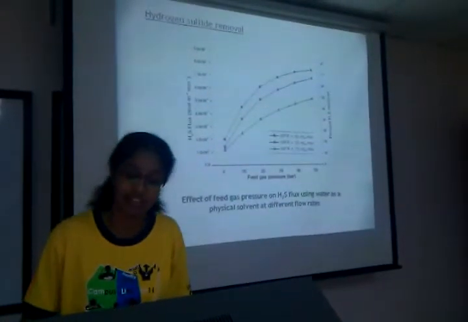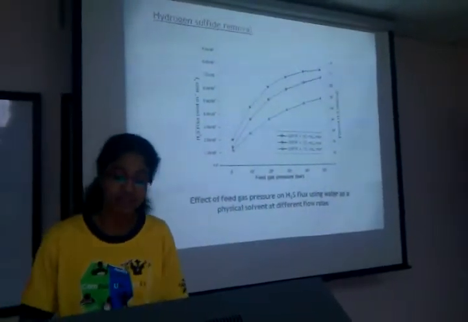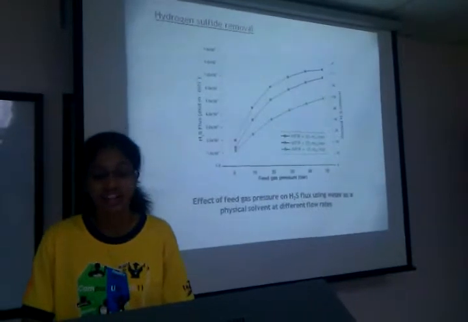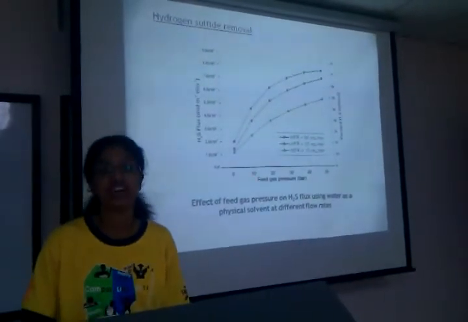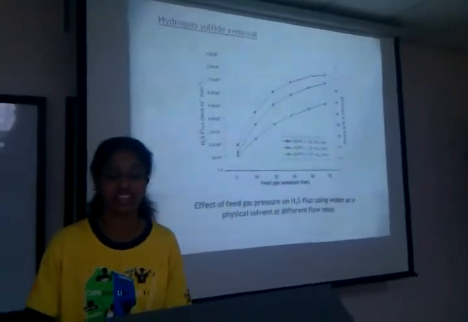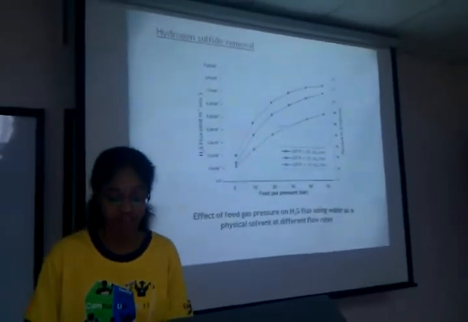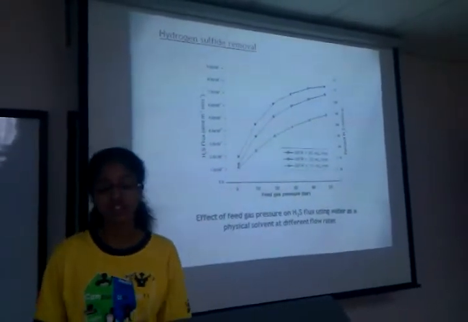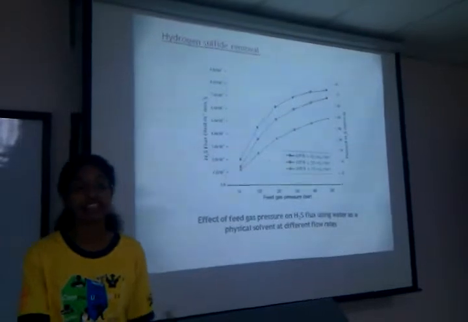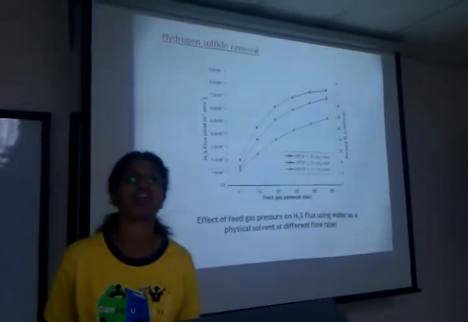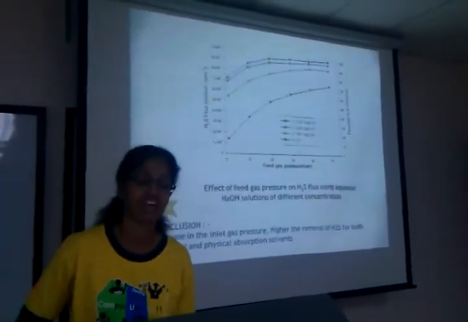Hydrogen sulfide removal. In this study, they use water as the physical absorbent. They use 3 different flow rates to study the effects of the pressure. From this graph, you can see that the higher the pressure, the higher the percentage of hydrogen sulfide removal.